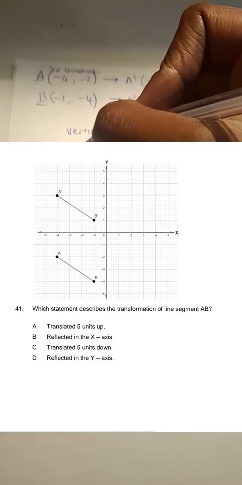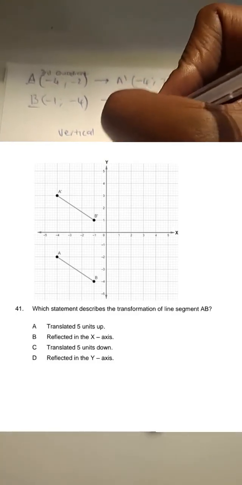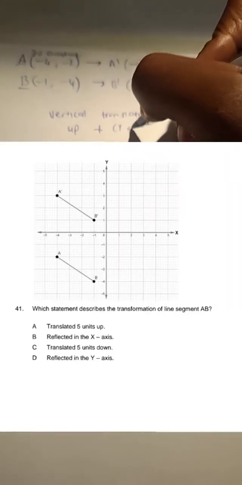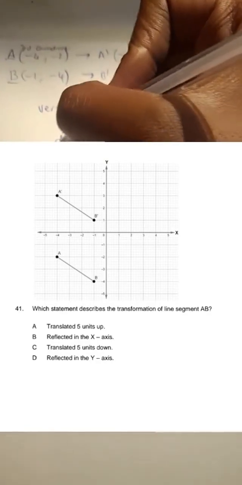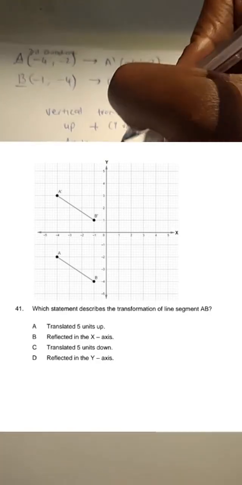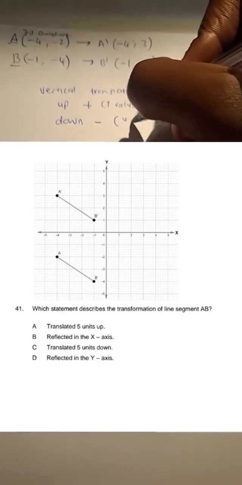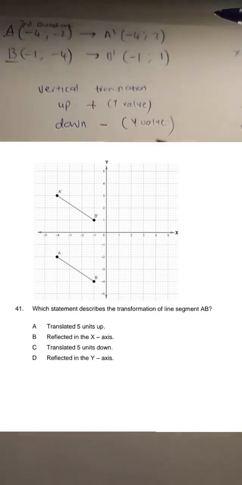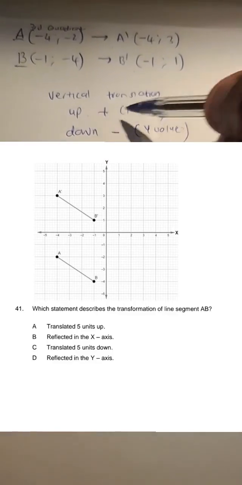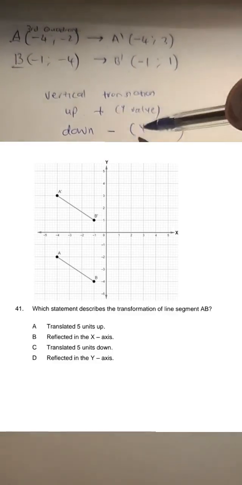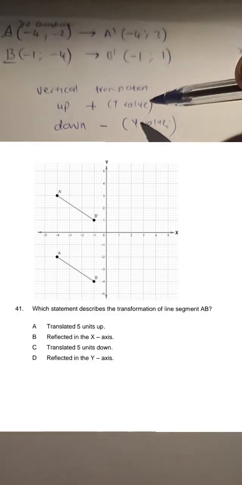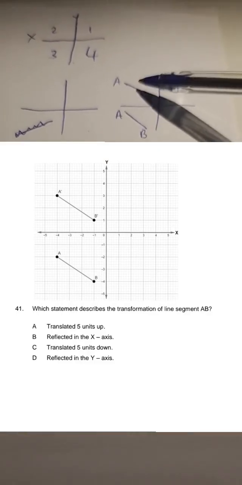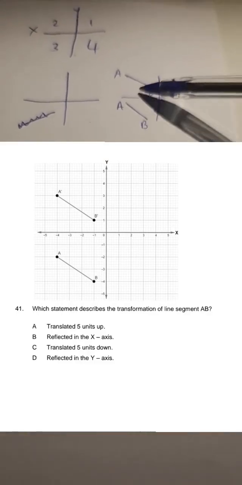That's when our line segment moves up, meaning we added something to our y value, or we move down, which means we subtracted something from the y value of the point. So up movement means we added something to the y value. Down movement means we subtracted something from the y value. We can see that from quadrant 3 to 2, the line segment moved up.